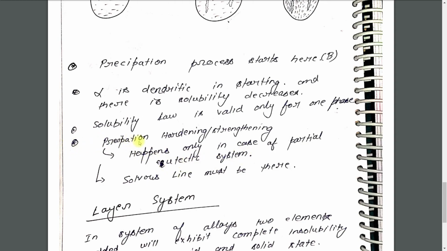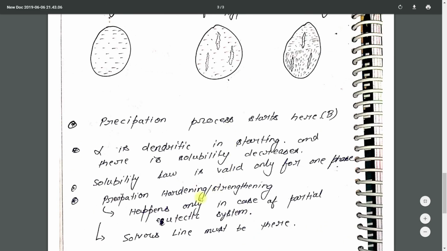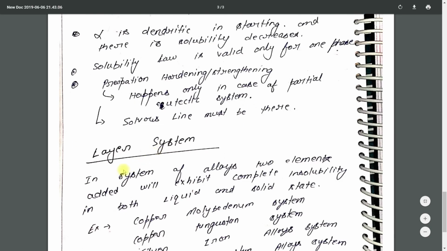Very important point. मीन्स कि जो यूटेक्टिक सिस्टम है इसी में ये तीनों प्रोसेस टेक्स प्लेस होती हैं. हार्डन भी हो जाता है डेंड्राइट, एंड हार्ड और स्ट्रेंथ भी बढ़ जाती है उसकी. एंड ऑफ प्रिसिपिटेट तो मैंने बता दिया है कि अगर अल्फ़ा का डेंड्राइट बनना है तो बीटा का प्रिसिपिटेशन स्टार्ट हो जाएगा.